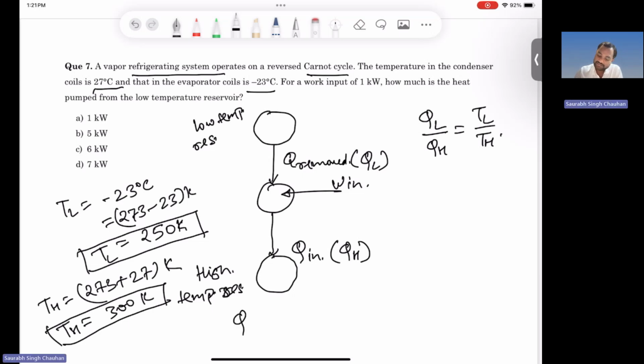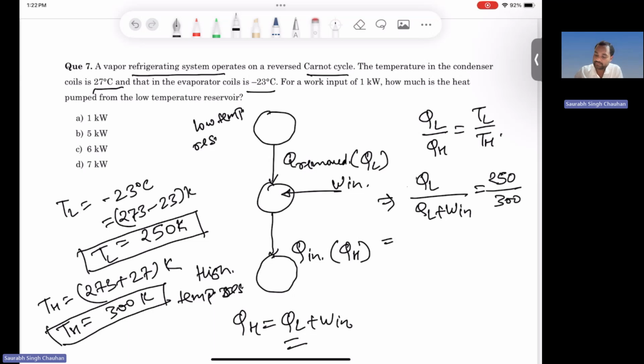And this QH will be QL plus work input, right? From the first law. So instead of QH, you can write QL plus work input, and QL divided by that is equal to 250 Kelvin divided by 300 Kelvin. So you can write this as 3QL is equal to 2.5 QL plus 2.5 Wn.